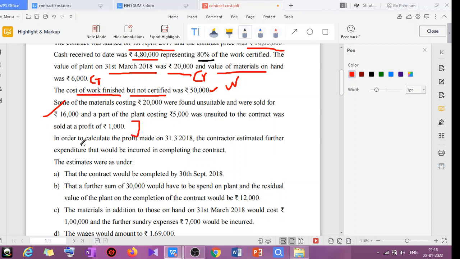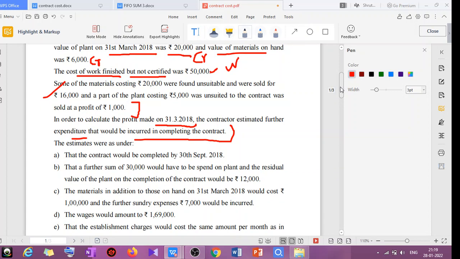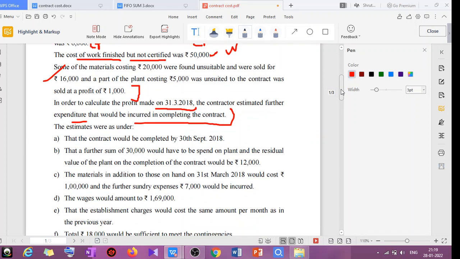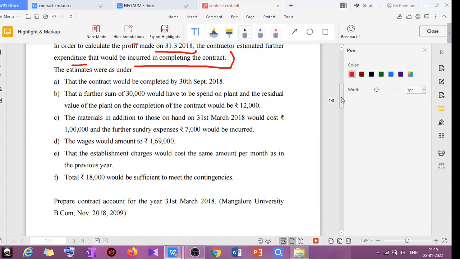Next. In order to calculate the profit made on 31st March 2018, the contractor estimated further expenditure that would be incurred in completing the contract. So again, he has incurred some expenses.